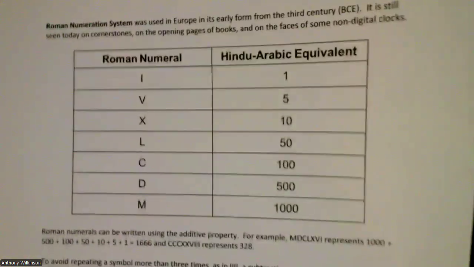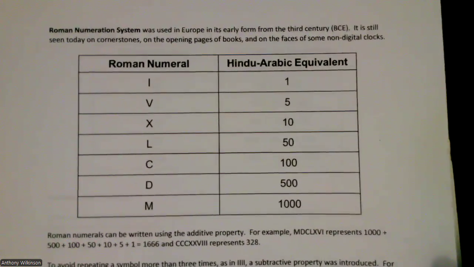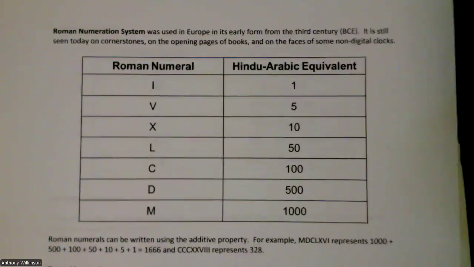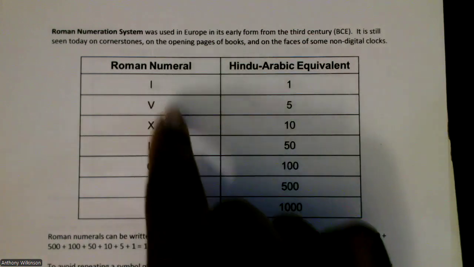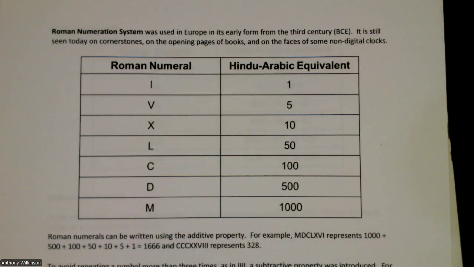All right, next is the Roman numeration system. Now, the Roman numeration system was used in Europe in its early form from the 3rd century. It is still seen today on cornerstones, on the opening pages of books, and on faces of some non-digital clocks. Okay, so you'll see Roman numerals sometimes on those non-digital clocks, and also in movies where they have the credits, and then at the end they put the copyright date in Roman numerals.